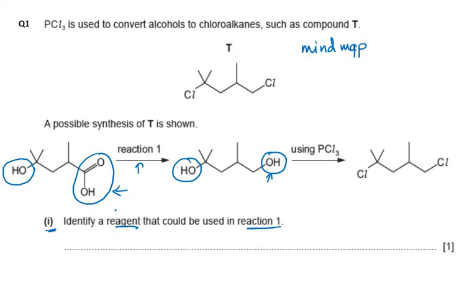Now coming back to the question, we can make out that this is a reduction reaction. So what is a reducing agent that changes carboxylic acid to alcohol? The most common reducing agent is LiAlH4, which is also called lithium tetrahydridoaluminate.